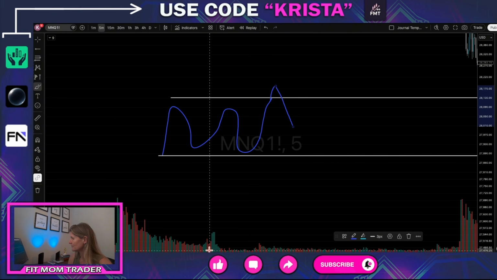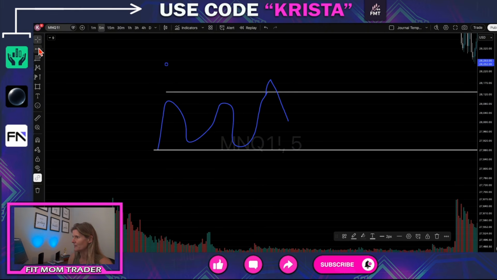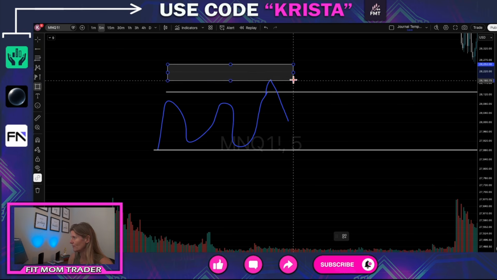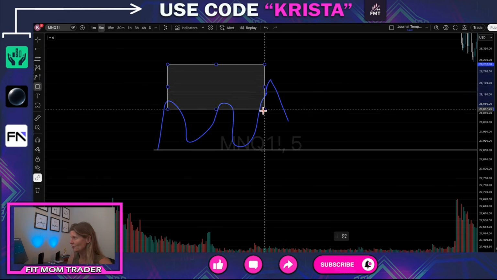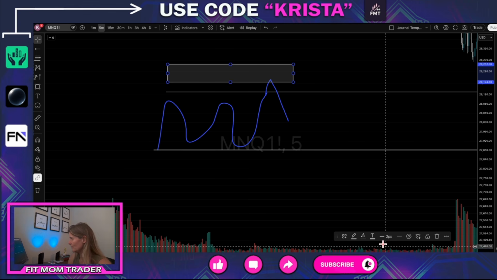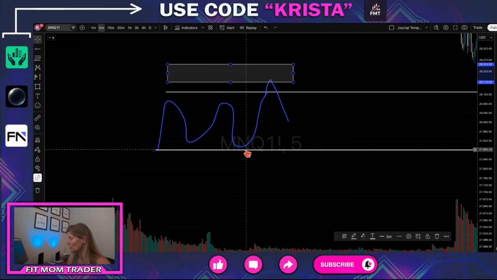Let me get my drawing tool here. Maybe we have a key resistance level right here, and you're trying to trade a breakout into this resistance, right? Or maybe we have VWAP. If you're a VWAP trader, which I am, maybe VWAP is right below the opening range right here.